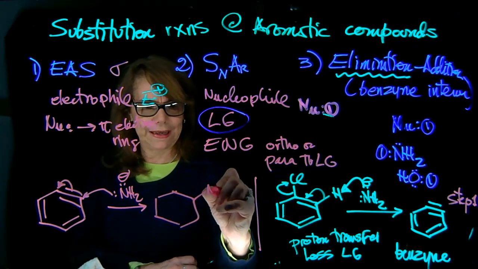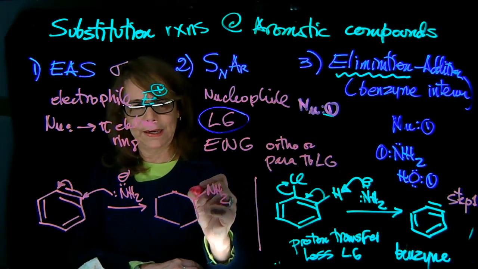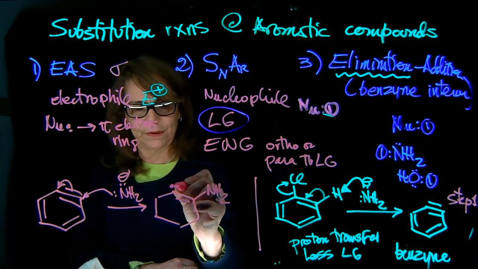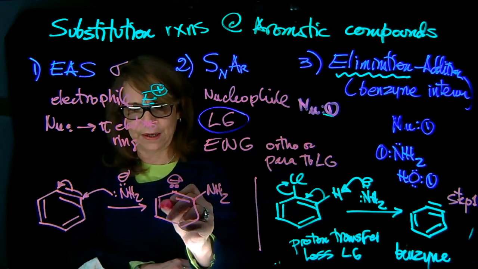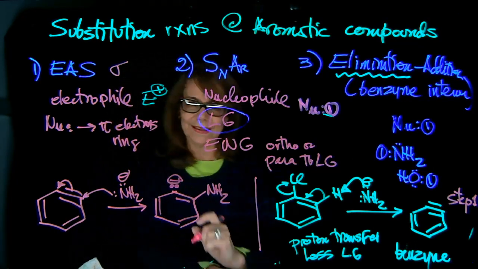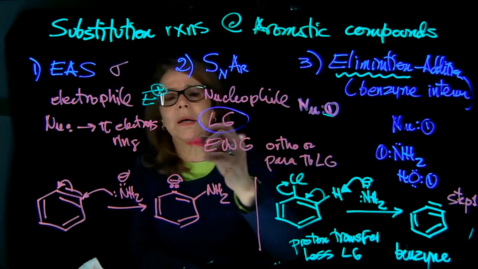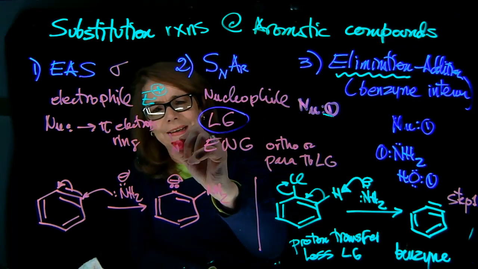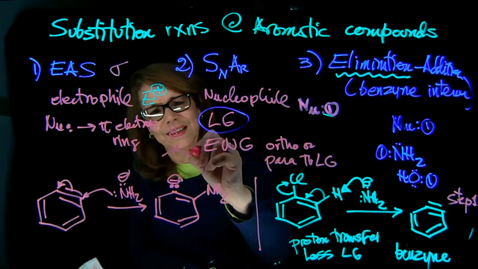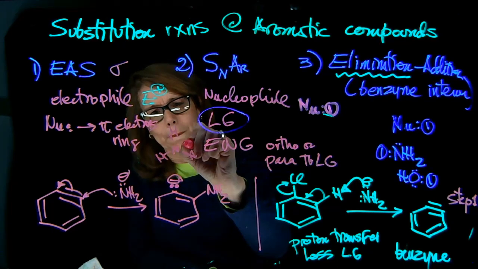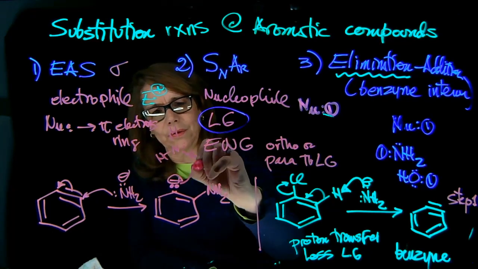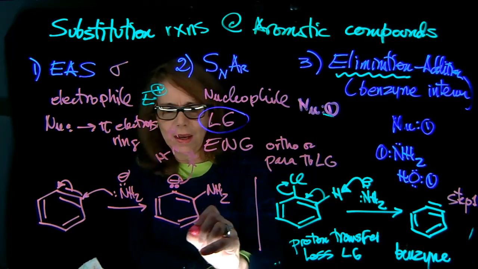Now you're going to have an NH2, and here you will have this anionic species, with the negative charge here. Say that you do that reaction in ammonia, the anion can abstract one hydrogen here.